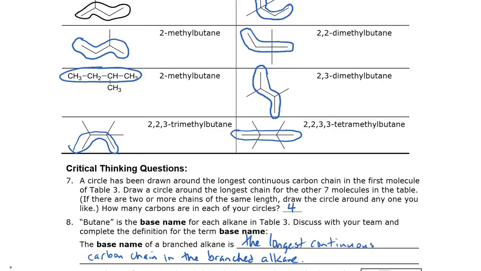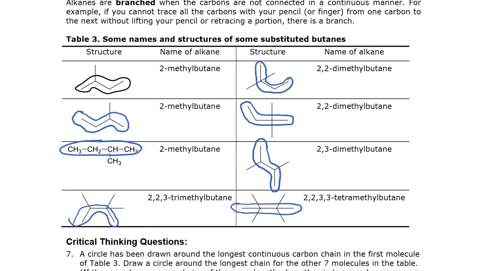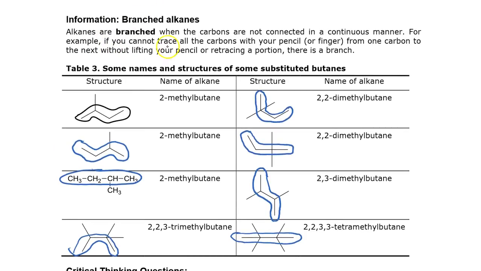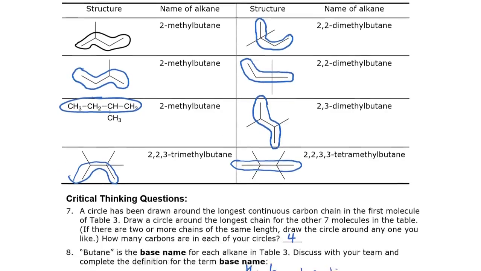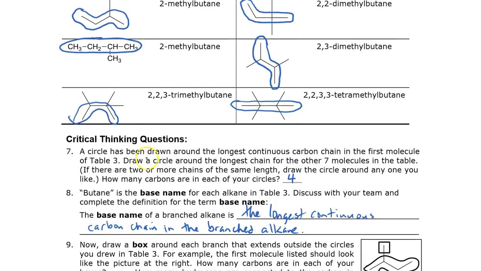That's the most obvious answer, probably because if you look at the information, it talks about carbons connected in a continuous manner, but even better than that, a circle has been drawn around the longest continuous carbon chain. Sure enough, that's what we've done.